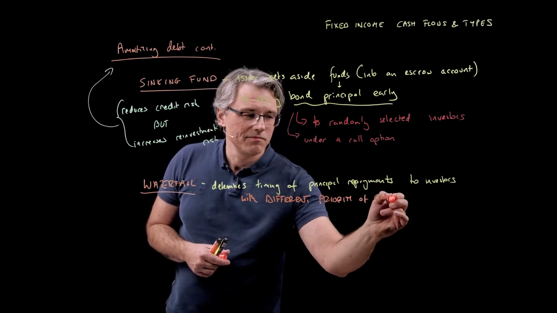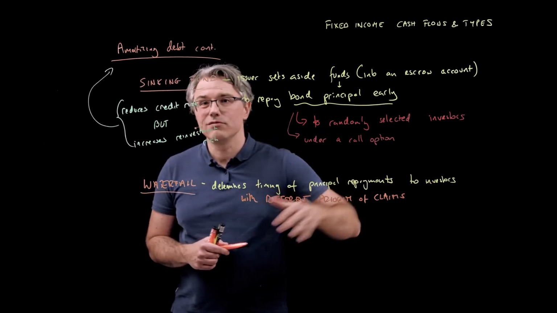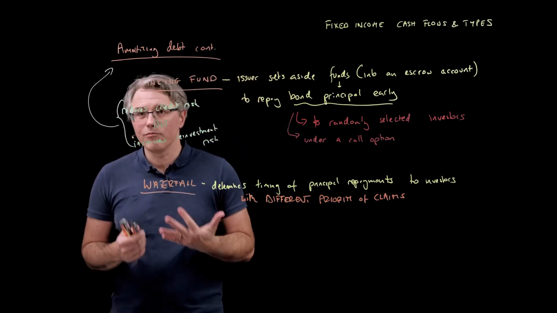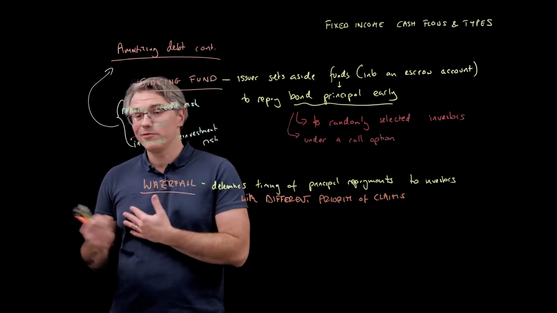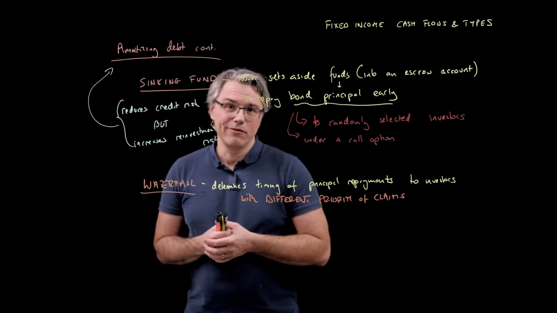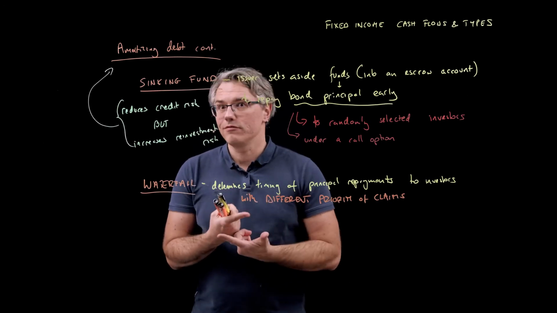And because the cash flows, which are used to repay principal to investors under the waterfall structure, typically come from mortgage loans. So every mortgage loan, like we saw in the question before, every month borrowers make a payment or repayment, and that includes a portion of interest and a portion of principal.